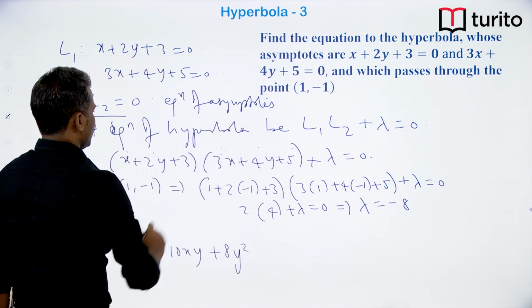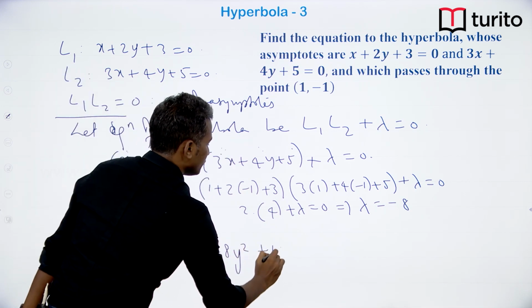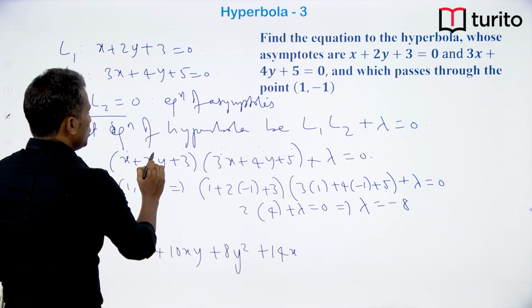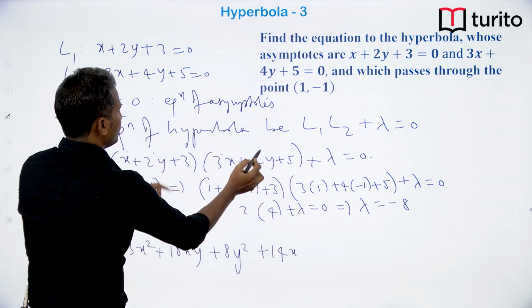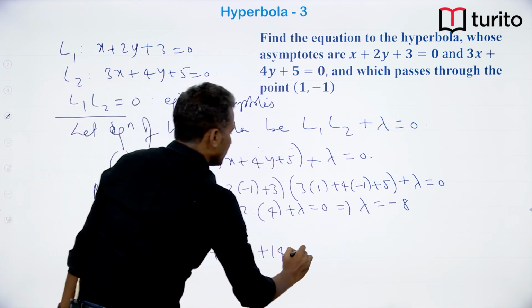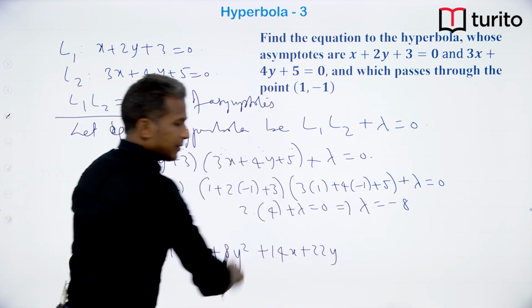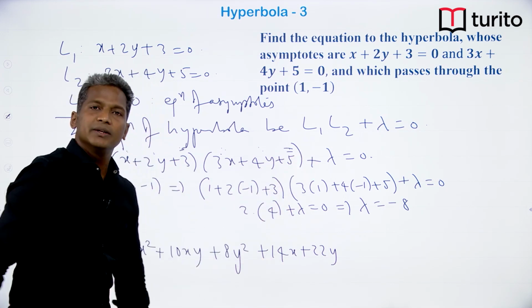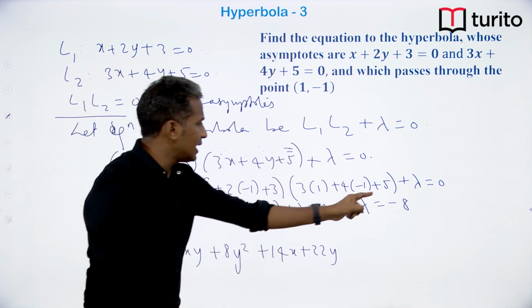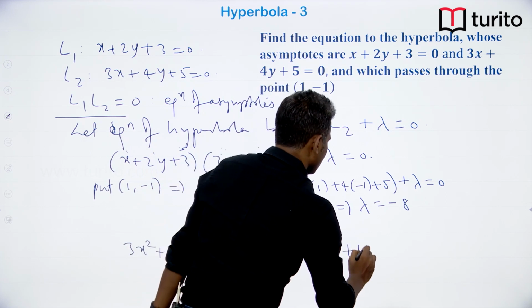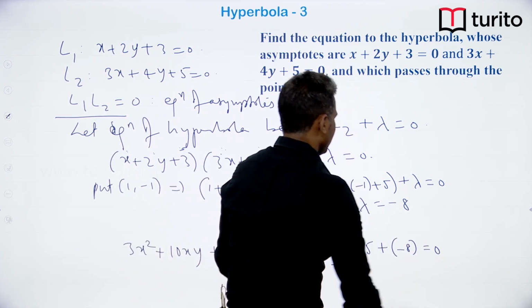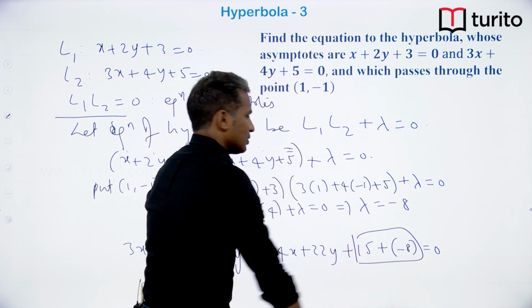So, 9 plus 5 is 14, so 14x, and similarly the y term, 2 into 5 is 10, 4 into 3 is 12, so it becomes plus 22y. And what is the constant here? 3 into 5 is 15, but 15 minus 8. I will write it as 15 plus lambda, which is minus 8. Now, if we just simplify this, we will get the constant term.